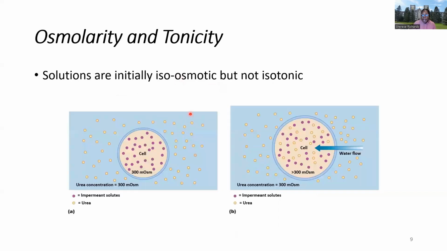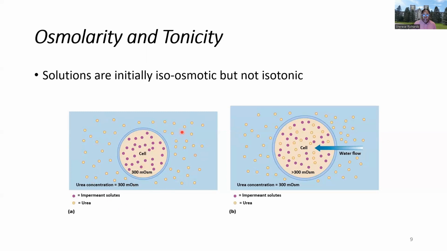So let's look at an example of that, because this is usually a little bit of a difficult concept to grasp. So on side A, we have a cell that has 300 milliosmoles in terms of the osmolarity inside, and then it is suspended in a solution where there is a urea concentration of 300 milliosmoles as well.